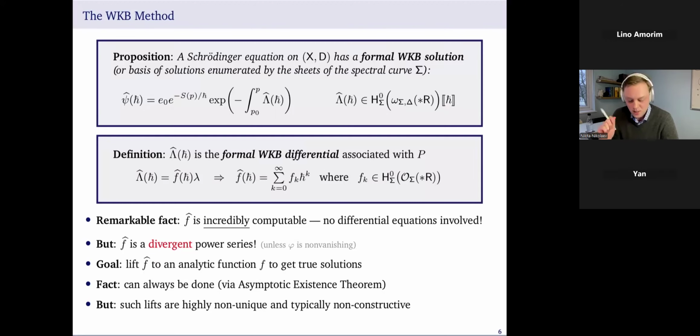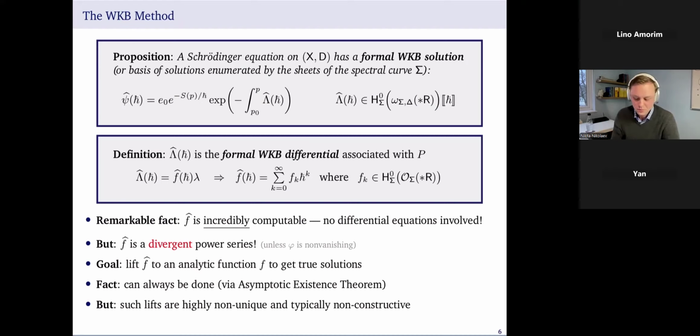They're highly non-unique. Even describing the space of all possible lifts, it becomes some kind of huge, impossible, large space. So you're typically never going to get any kind of uniqueness statements, and even constructability is very difficult. So these solutions are non-unique, non-constructible.